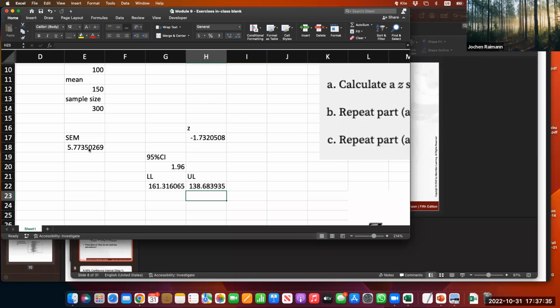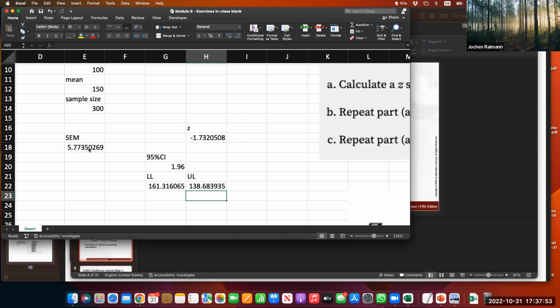As we know, our Z-score of minus 1.73 is not less than minus 1.96, so it's not significant. So the p-value is greater than 5%.